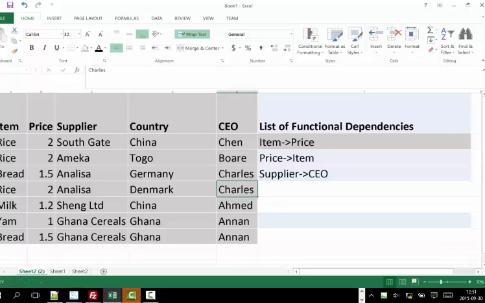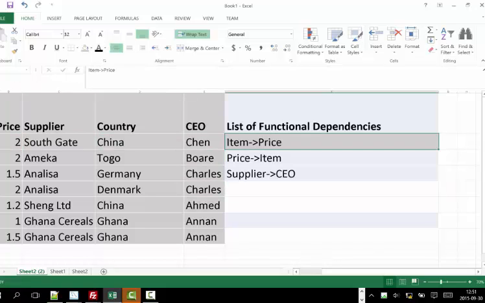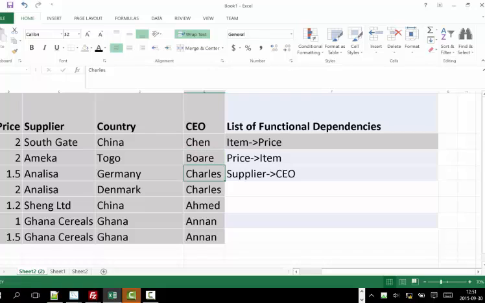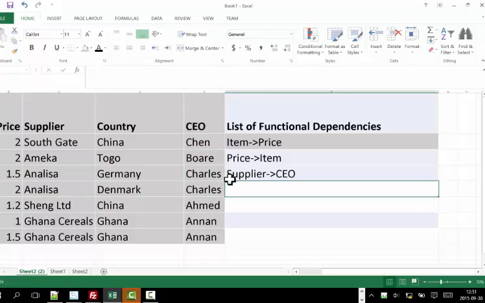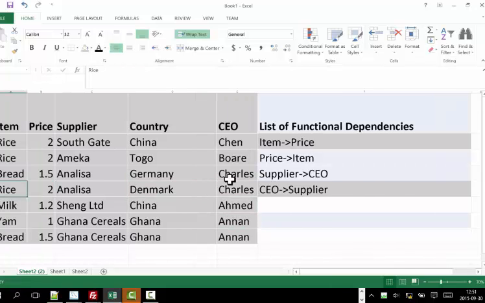Okay, so does CEO also give supplier? Giving Chen, am I always getting Southgate? Giving Buhari, Mecca, Charles, Bika, Ahmed, Chen, Anand. Okay. Is there any other thing we are missing?